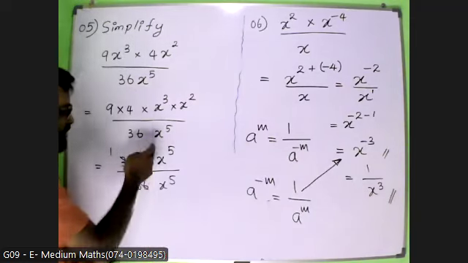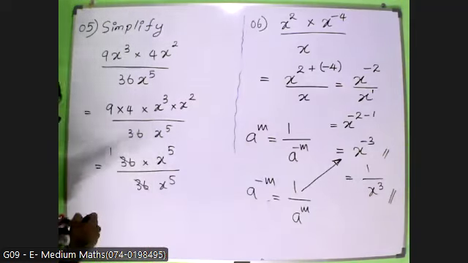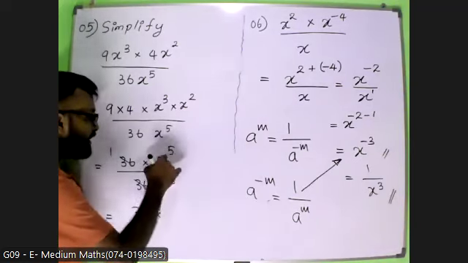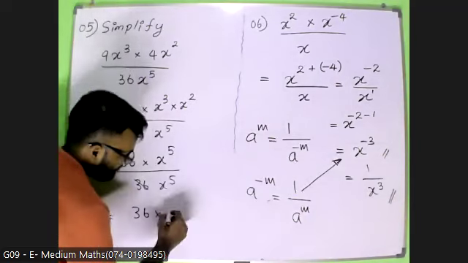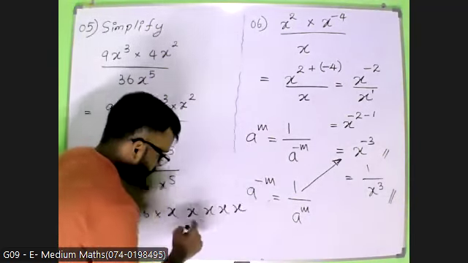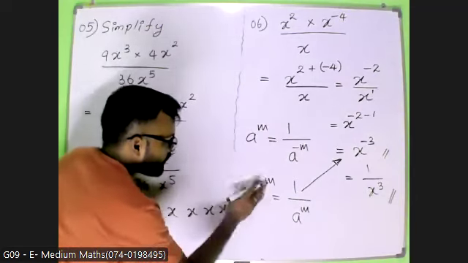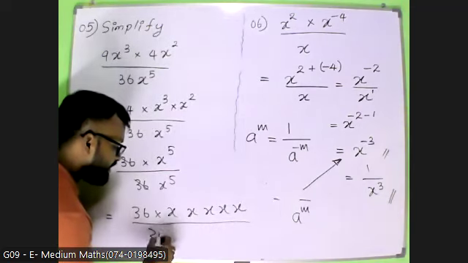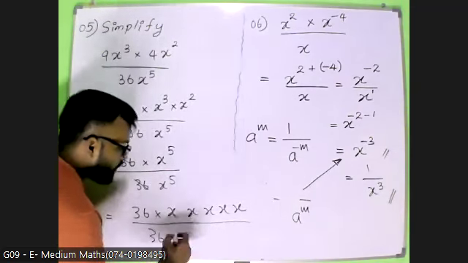See here, x to the power 5 and x to the power 5. So this is a very easy one. 36 times x to the power 5, x x x x x, 1 2 3 4 5. In the denominator, 36 multiplied by x to the power 5.